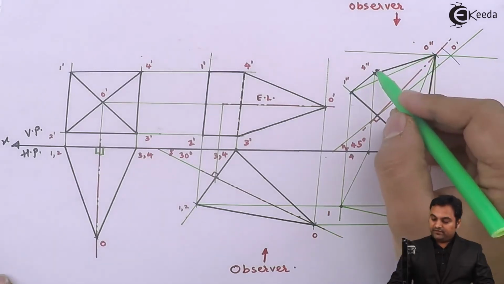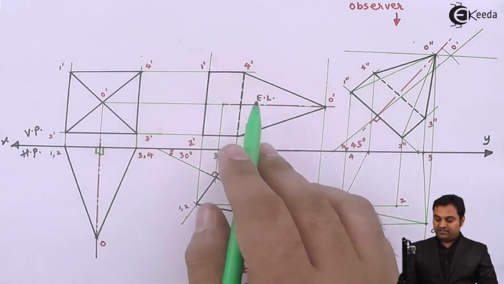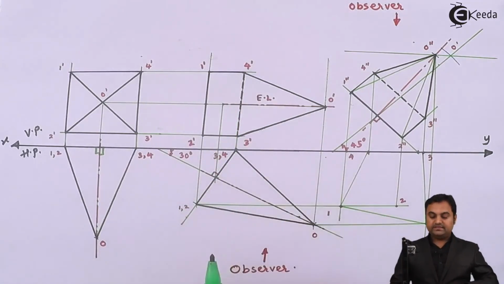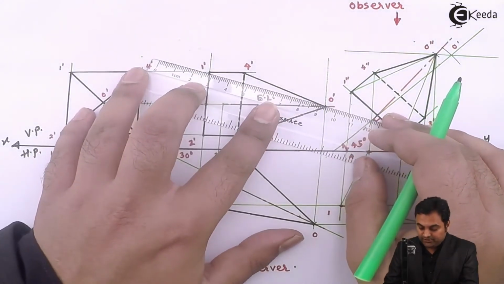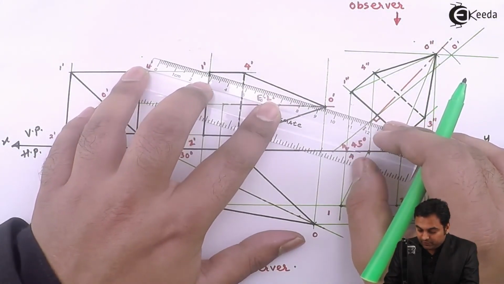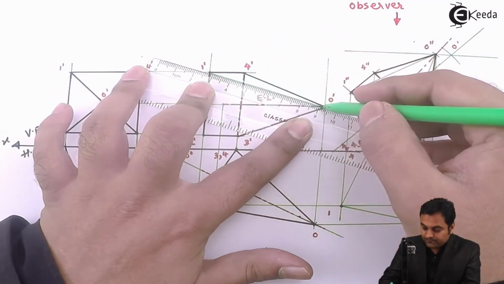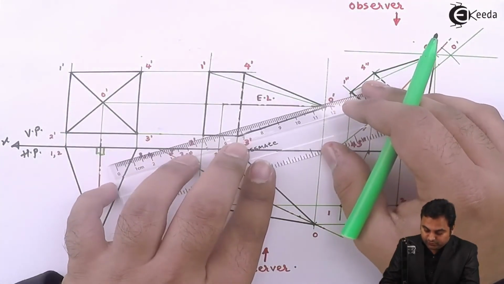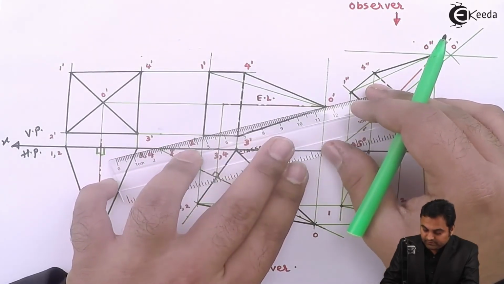we can say that even the other edges, like for example, if we see in this front view, that is the second condition. Here also, since the pyramid is a complete solid, so we need to connect it from O dash to 1 dash, and even from O dash to 2 dash, means that is visible.